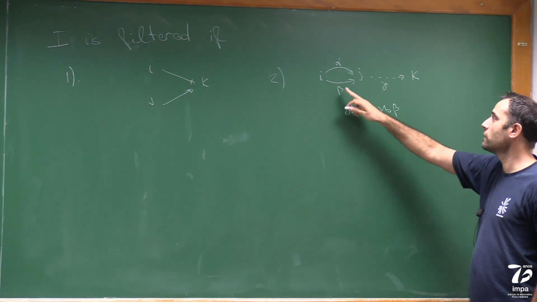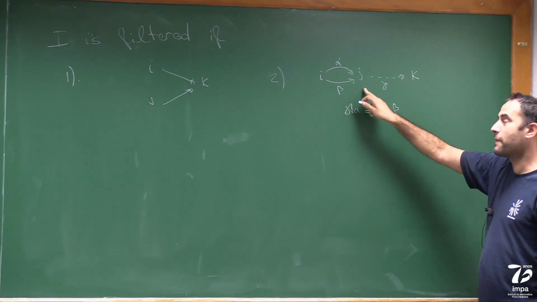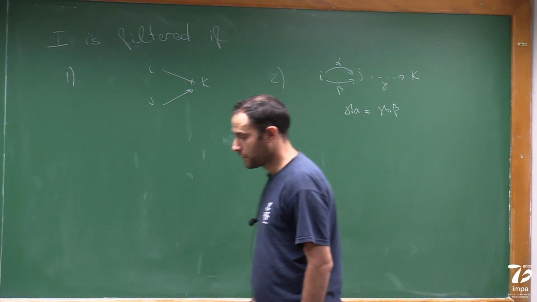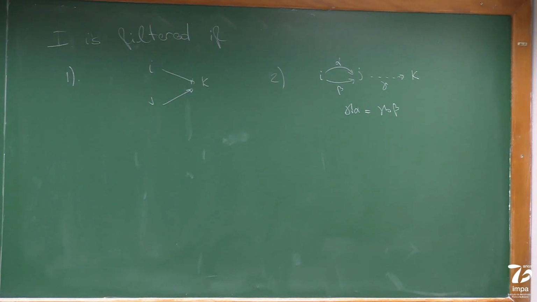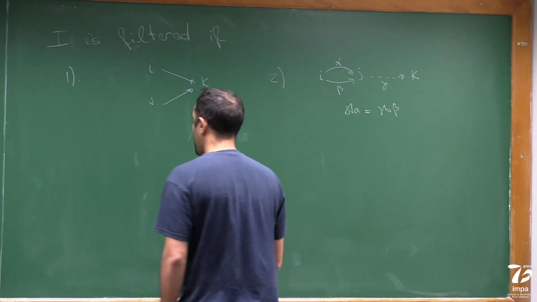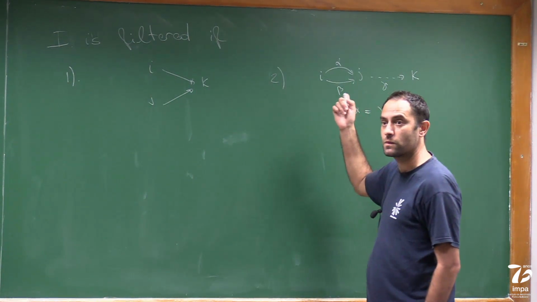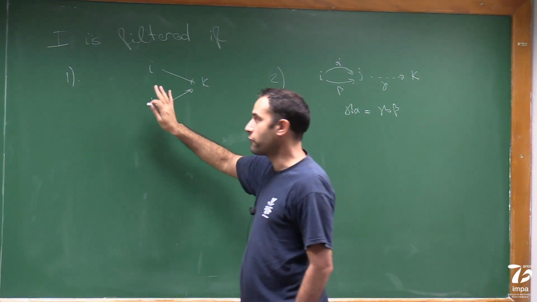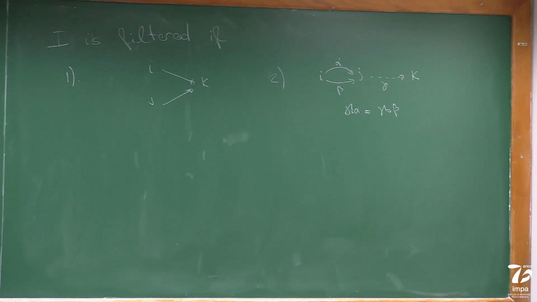So any two arrows might be different in I, but I can equalize them by going a little bit further. For a partially ordered set, that doesn't make any sense because if two objects are comparable, then one is larger than the other one. I don't have more than one arrow between two objects. I either have no arrows or I have one arrow between two objects. So this comes for free for partially ordered sets. The first condition doesn't: I'm requiring that there exists an object that is larger than both objects.